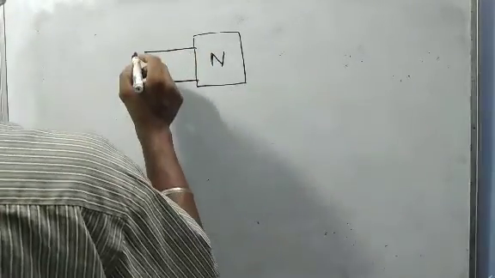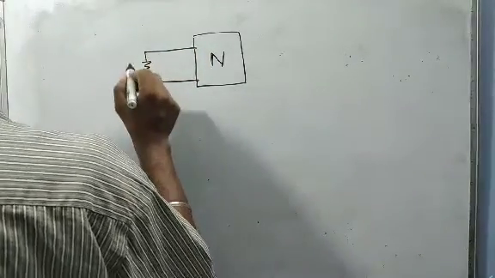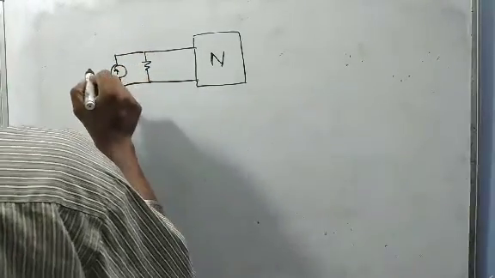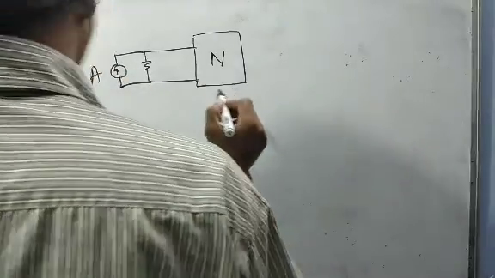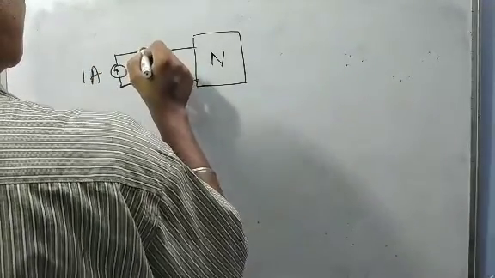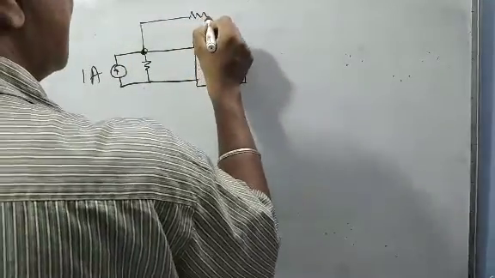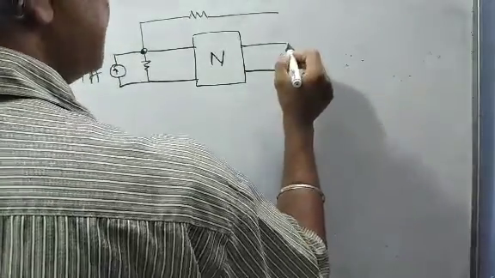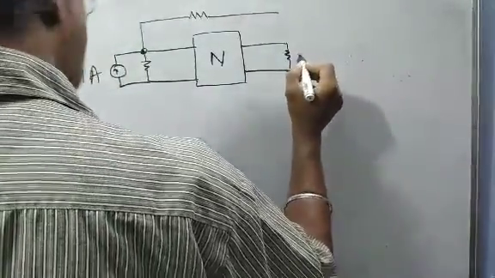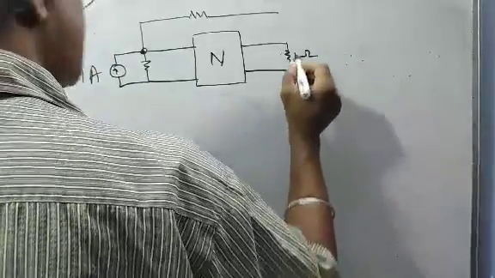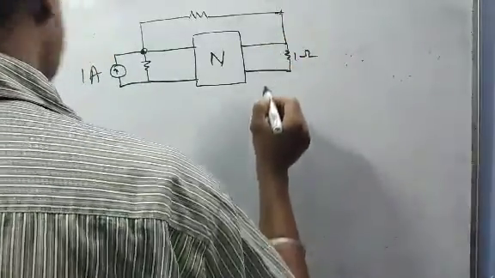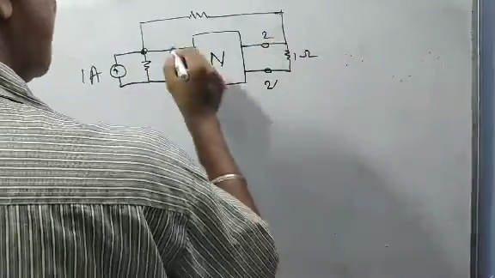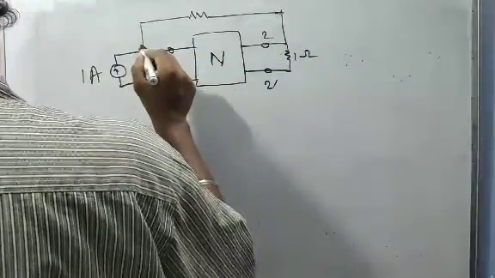This part is given. This is your 2 ohms, and it has been given 1 ampere. Here it is connected with a half ohm resistor, and here with a 1 ohm, and here it is 2 prime 2, and this is a node junction point.